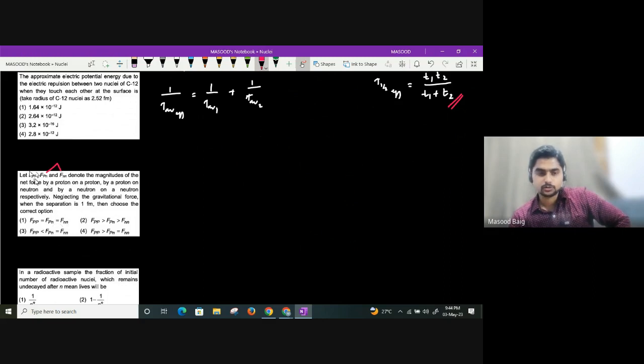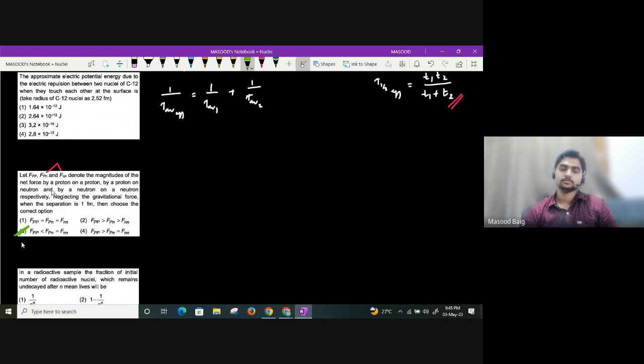But here, because between proton and proton, I should counter the electrostatic force of repulsion also, the net force will become less than the nuclear force of attraction. So here I can write FPP value will be less, than that for PN and NN.